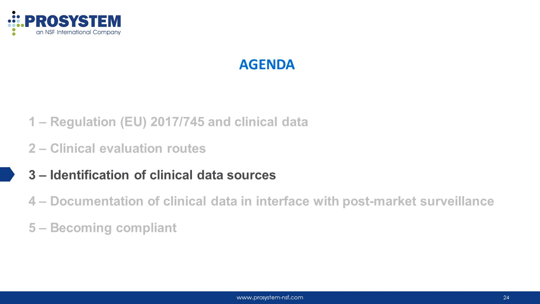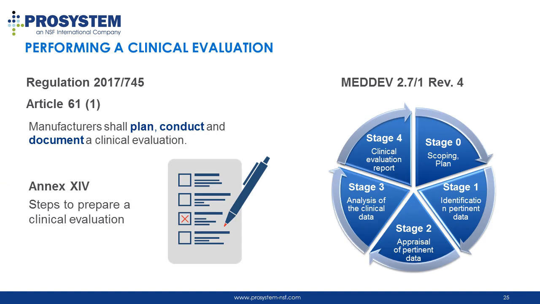After talking about the routes that can be used to show safety and performance of a device in a clinical evaluation, I would like to further explore the identification of clinical data. As I previously mentioned, the regulation states that clinical evaluation should be planned, conducted, and documented by the manufacturer.